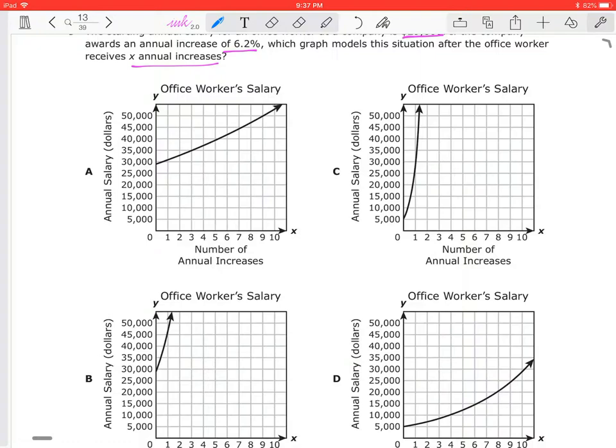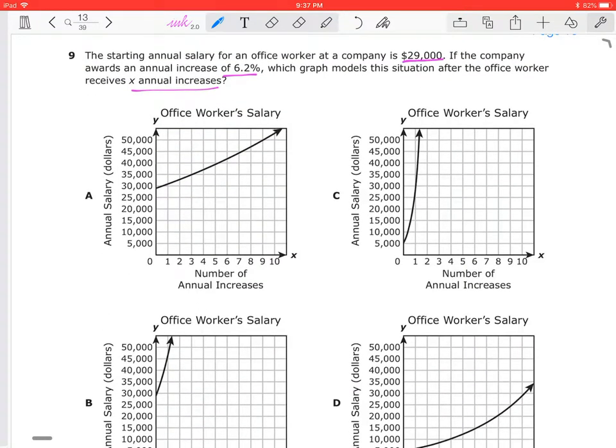We have two exponential graphs, and then we have two graphs that look linear. When we're talking about the word problem, we might think this is an exponential function. However, it's not.